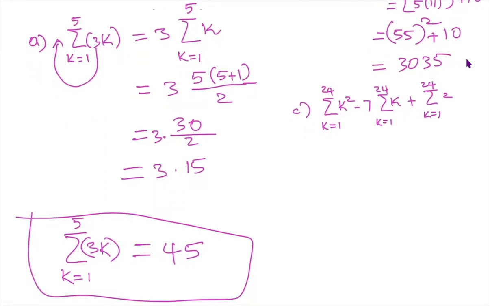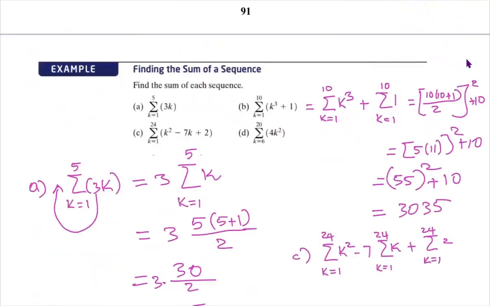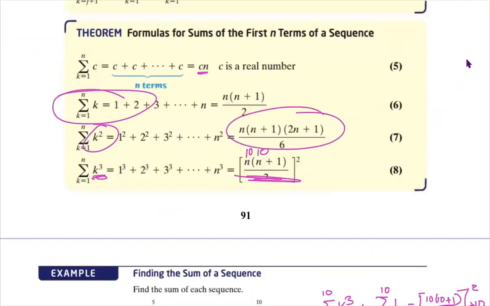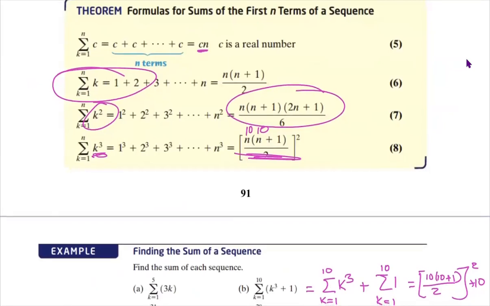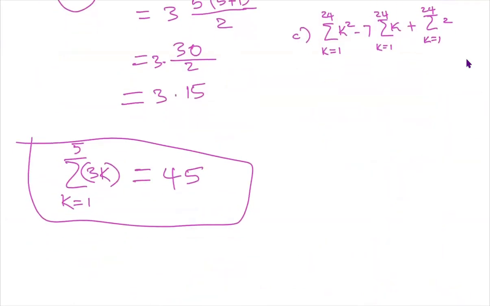The formula for squares is n(n+1)(2n+1) over 6. With n equal to 24, that's 24 times (24 plus 1) times (2 times 24 plus 1) over 6.